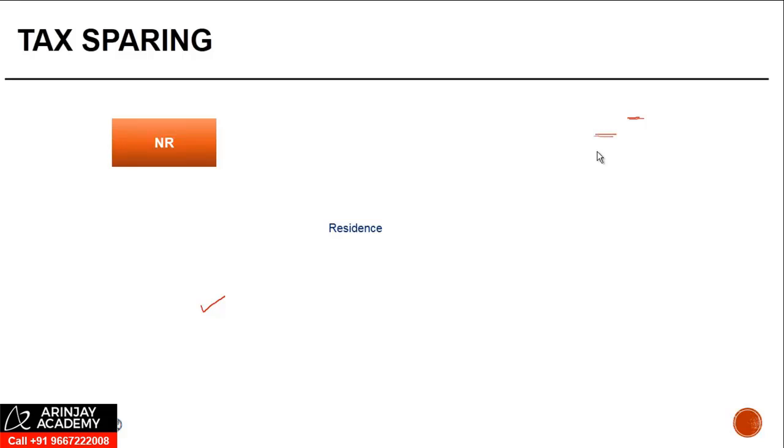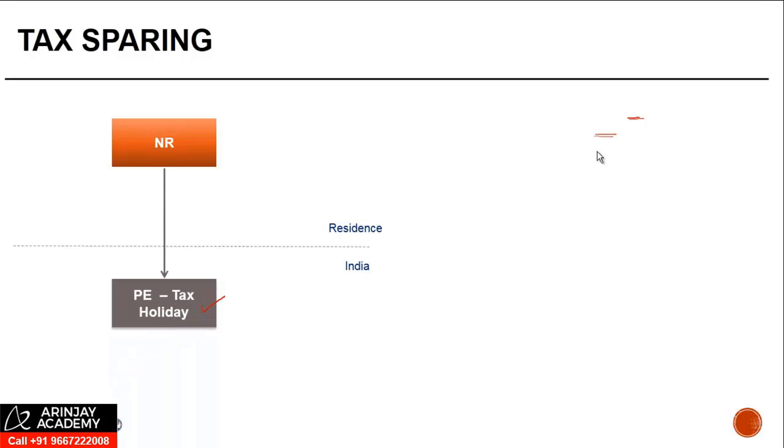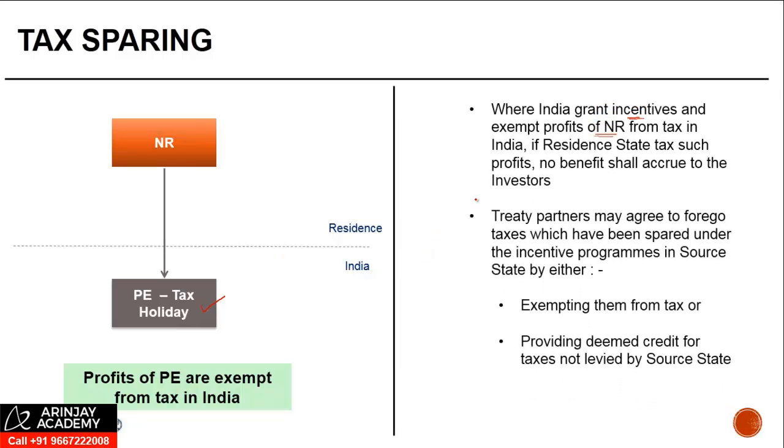Tax sparing. Suppose there's a non-resident who has a PE in India, which is claiming certain tax holidays. What that means is that the profits of the PE are exempt from tax in India. Now, if India grants an incentive and exempts profits of the non-resident, as in the PE, from tax in India, and the resident state taxes such profit, no benefit shall accrue to the investor.